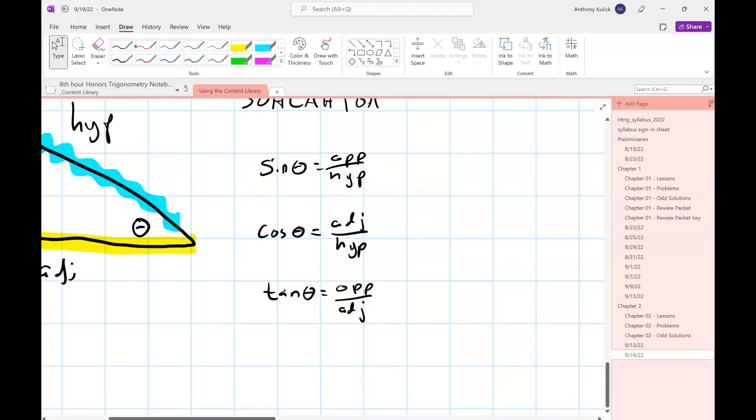Now you might ask yourself, well, Mr. Kulik, we have 3 side lengths, opposite, adjacent, hypotenuse. And we're going to make a ratio that involves 2 quantities, right? If I'm picking any 2 quantities out of 3 to form a ratio, shouldn't they give me 6 possibilities, not just 3?